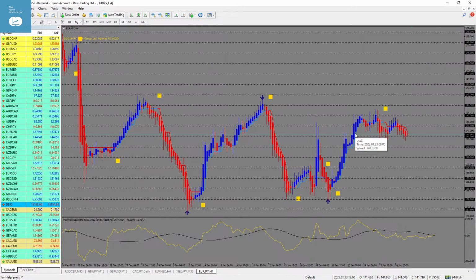If you wait until the first red one comes, you could go from here until here, so over 200 pips, for example. But very often we are not that patient. We jump in, and then after 20 pips we are out. I know this happens.